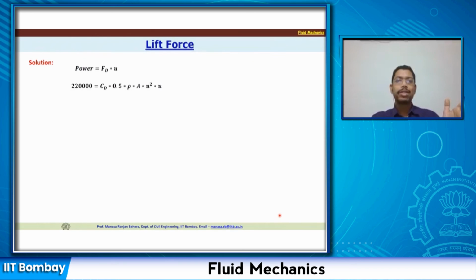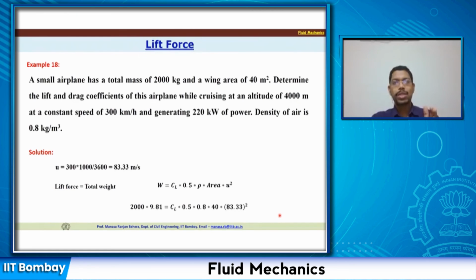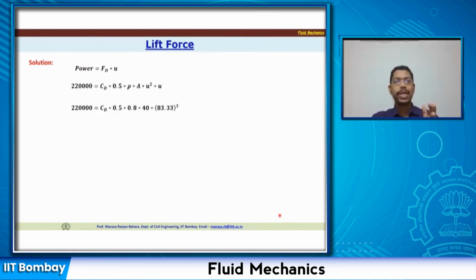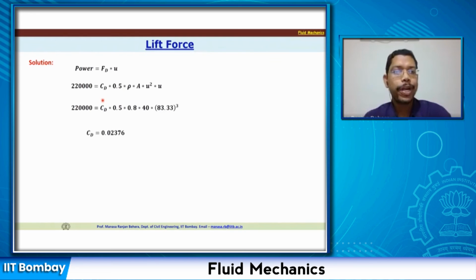Power is already given, that is 220 kilowatt, which we can put in terms of watt. So 220,000 watt is equal to Fd multiplied by u, where Fd is equal to Cd multiplied by half rho A u square. By substituting all the values, we finally get the CD value as 0.02376.